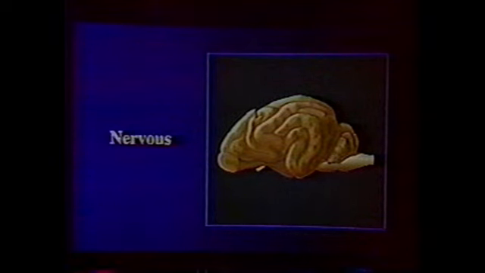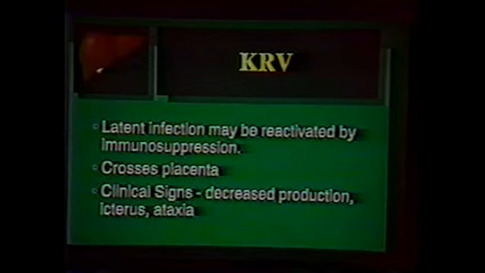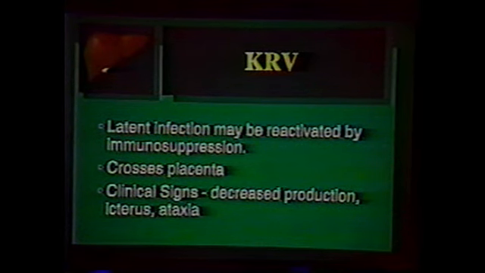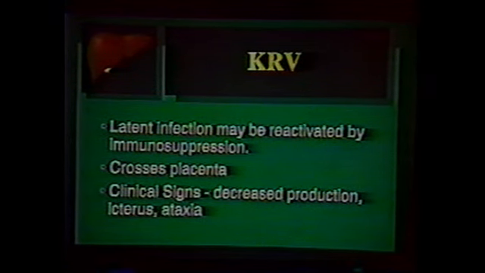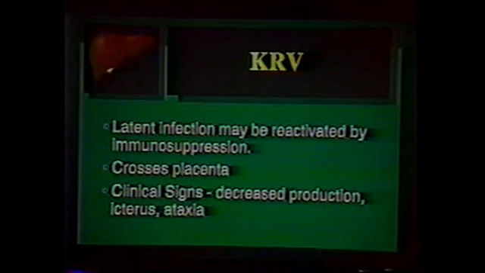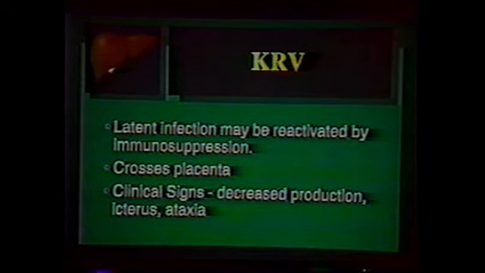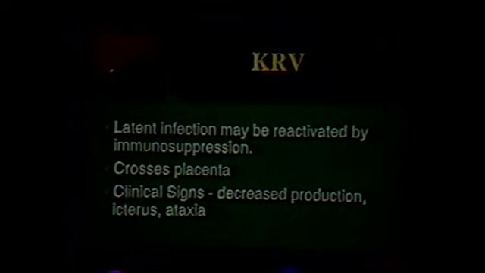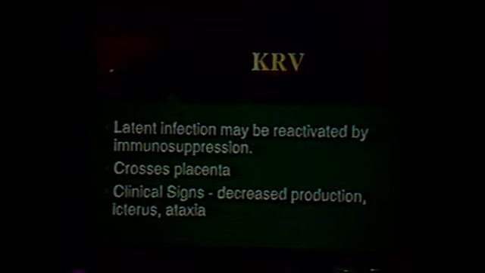The nervous system, next. And in considering, we'll start with viral diseases in the nervous system. I'll pick up with the Kilham rat virus or the parvovirus, as we talked about in hepatitis. This is a disease that occurs in rats only, so it's species-specific. Generally occurs in adults and weanlings.